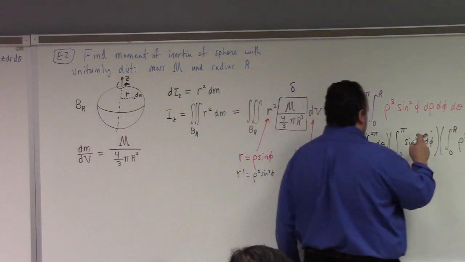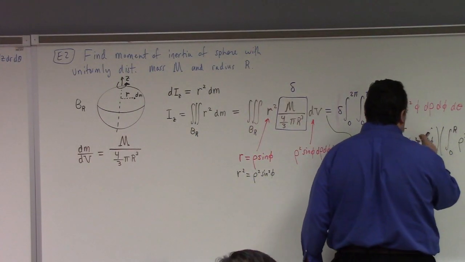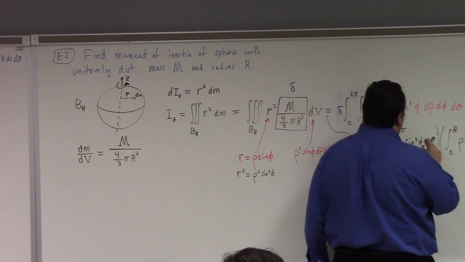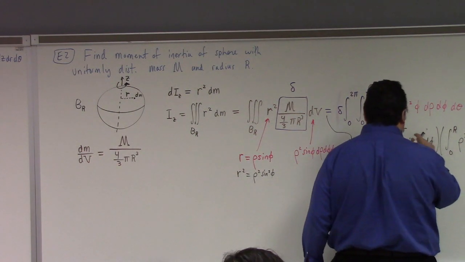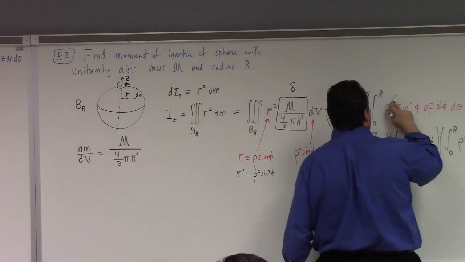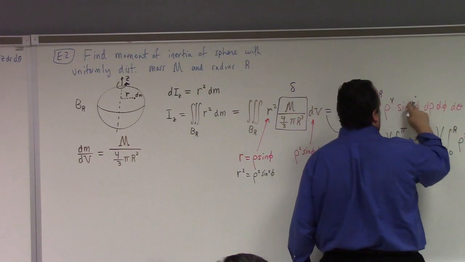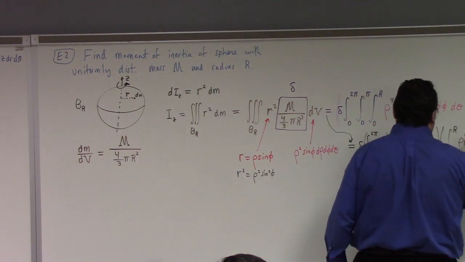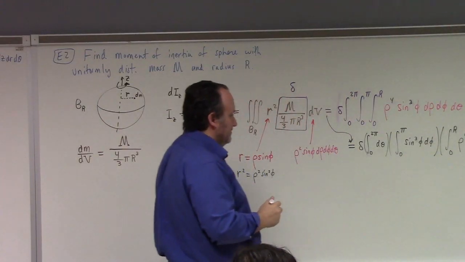But, let's see here, I could be wrong about it. Maybe it's pi over 2. Pi over 2. Yeah, so that's a sine cubed, thank you. And that gets us an additional power of rho. So we got rho to the power 4 sine cubed. There we go. Fixed, right?